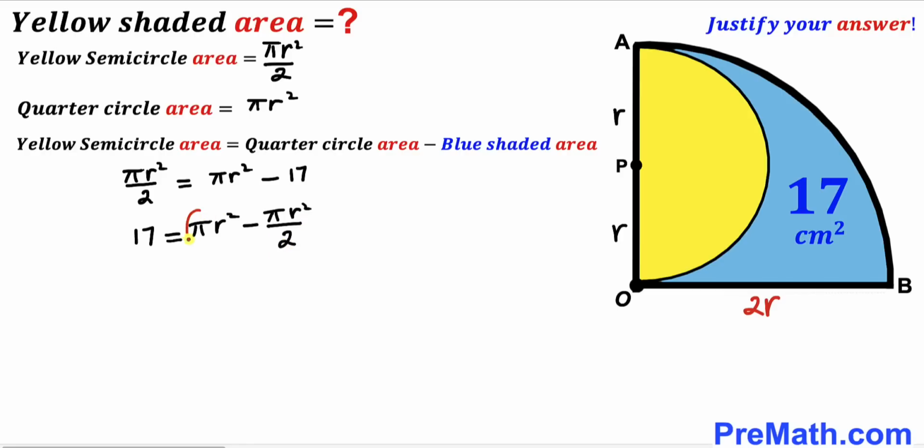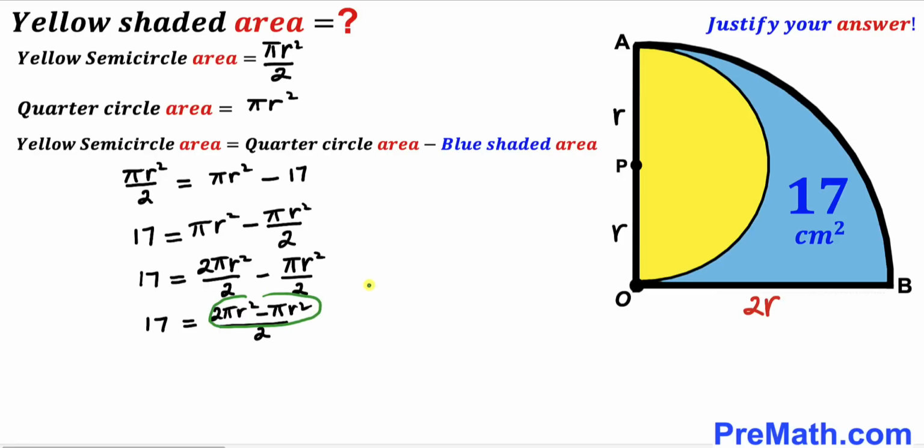And now we are going to tweak this pi r squared. This could be written as 2 pi r squared divided by 2, as you can see in this next step. So we can write 17 equals 2 pi r squared minus pi r squared all over 2. In the numerator, 2 pi r squared minus pi r squared gives us simply pi r squared. So our pi r squared divided by 2 value turns out to be equal to 17.